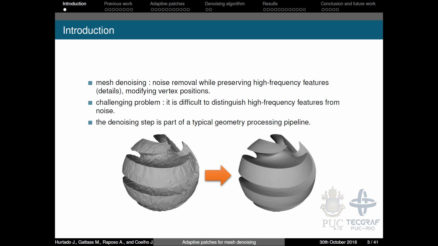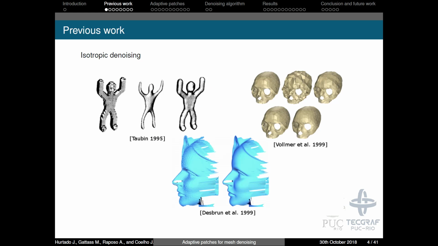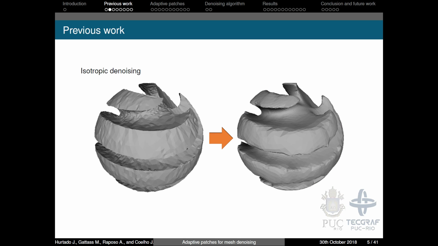This is an example where we have a noisy mesh and then we filter this mesh by a denoising algorithm and we obtain a cleaner mesh. Early methods try to remove this noise by smoothing the surface, but the problem with these methods is that they do not preserve the details.